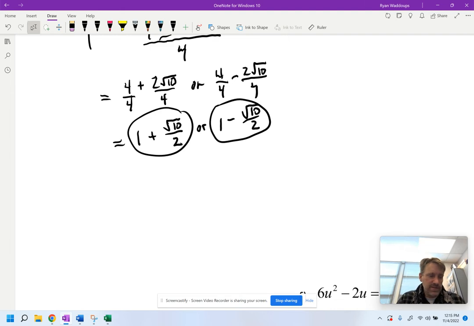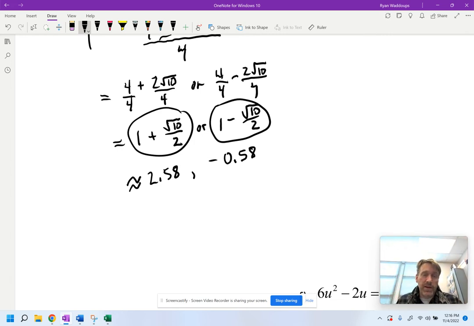And if that's the case, you can just plug that into your calculator. 1 plus the square root of 10 divided by 2, and this is approximately 2.58, or 1 minus the square root of 10 divided by 2, and that's negative 0.58.